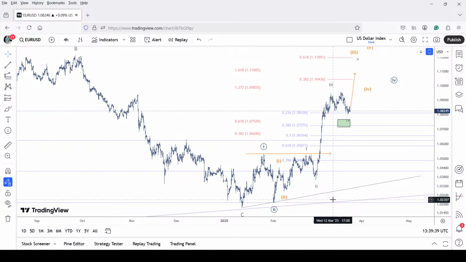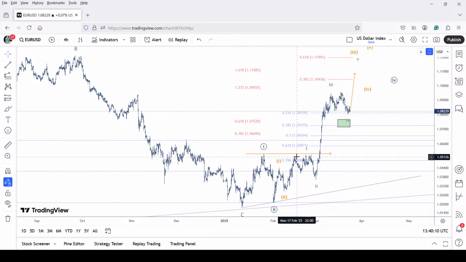And one more thing, the third wave was extended, so the principle of equality also plays a role here. And if we do try and apply the equality principle or guideline, 1.20286 is the low, and wave 1 carried through 512.